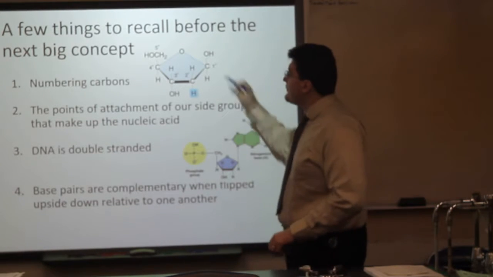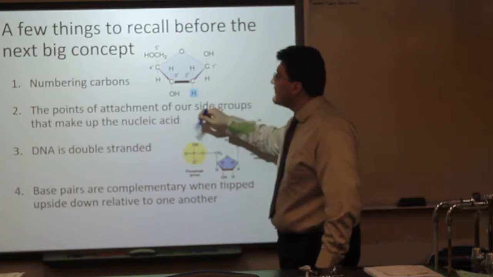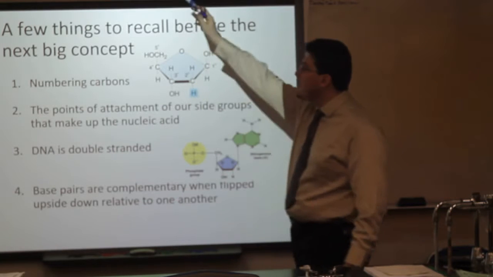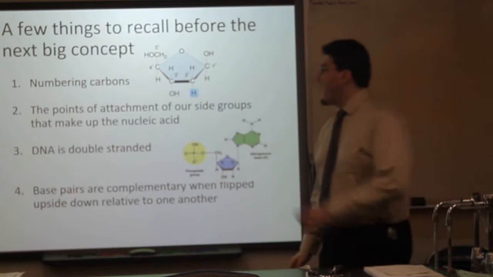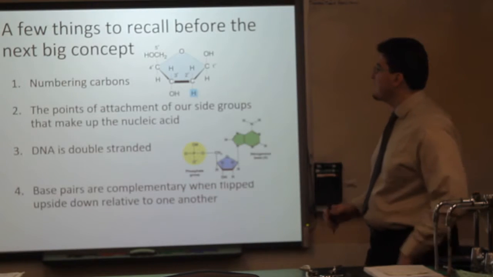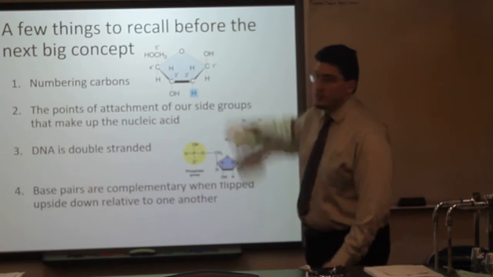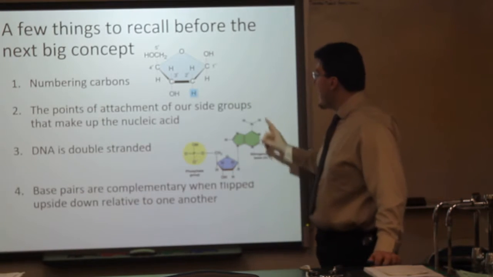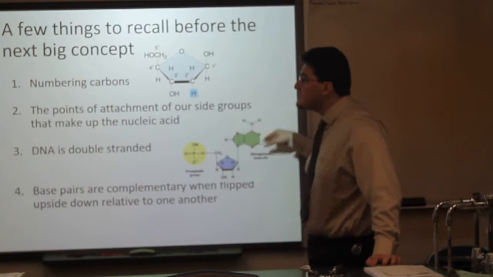So our 1' carbon is here, our 2' carbon is here, our 3', our 4', and our 5' is a peg sticking off over there. Now, the points of attachment for our side groups that make up the nucleic acid. This hydroxyl group, a condensation reaction will occur that will allow for the attachment of a nitrogenous base.